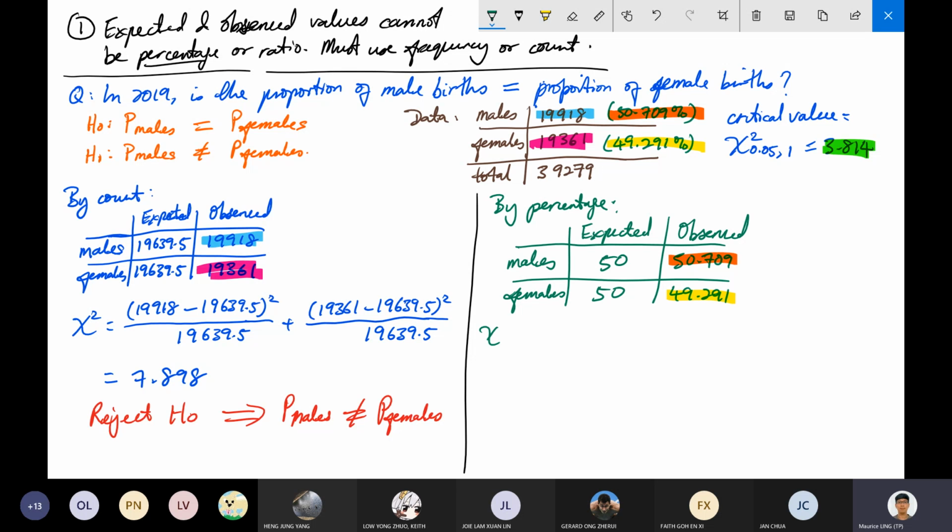Then your chi-square is essentially 50.709 minus 50 squared divided by 50, plus 49.291 minus 50 squared divided by 50.